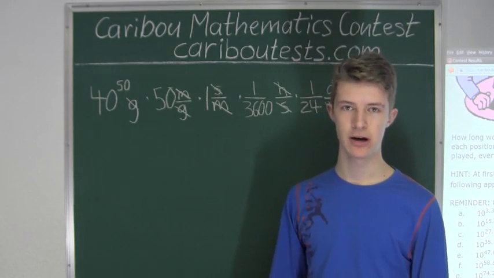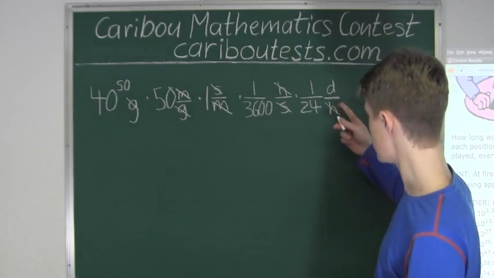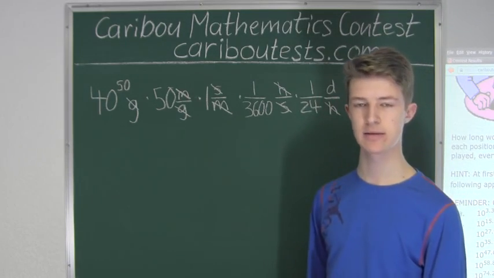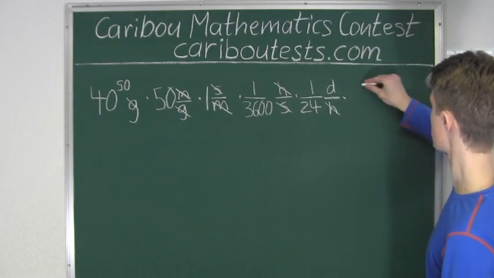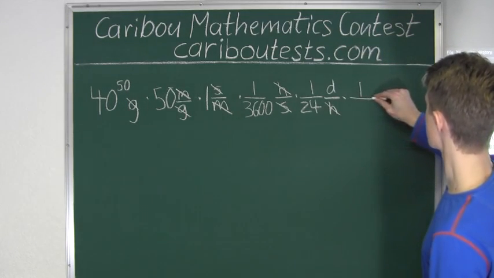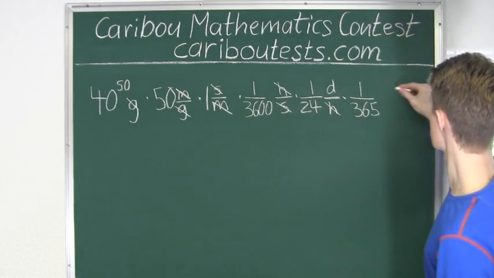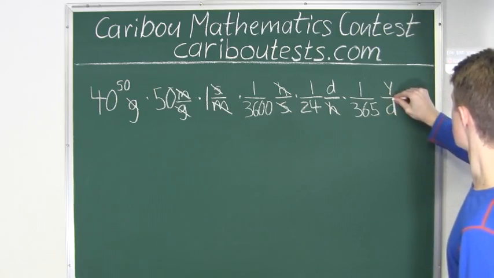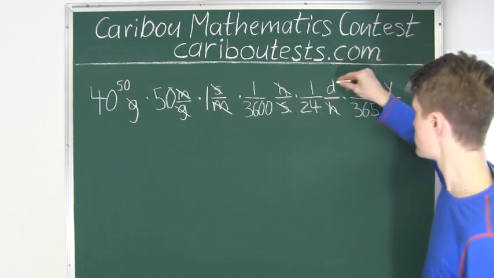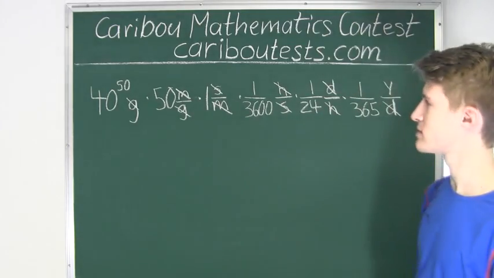There are 365 days in a year, so we must again divide this by 365, or just multiply by the inverse. That is years per day, and now we can cancel the days. So we have this many years.